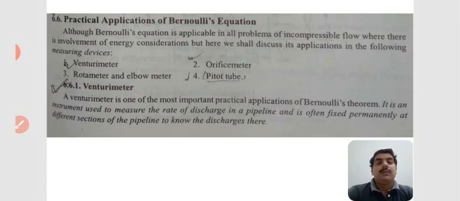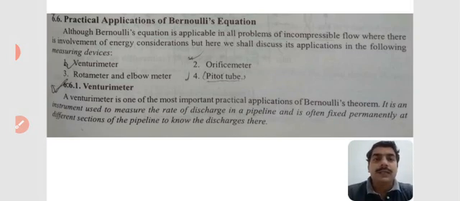Bernoulli's equation is applicable in all problems of incompressible flow where energy considerations are involved, but here we shall discuss its applications in the following measuring devices: Venturi meter, orifice meter, rotameter, elbow meter, and pitot tube.